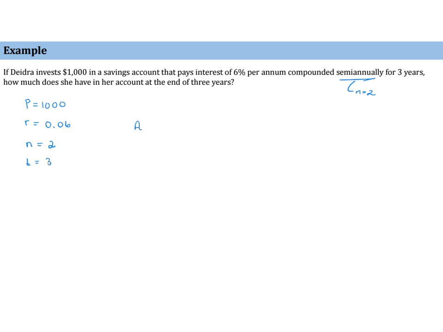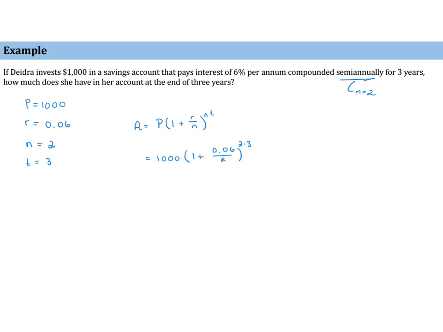So A equals P times 1 plus R over N to the NT power. It would be useful to memorize that formula. So 1,000 times 1 plus 0.06 over 2 raised to the 2 times 3.